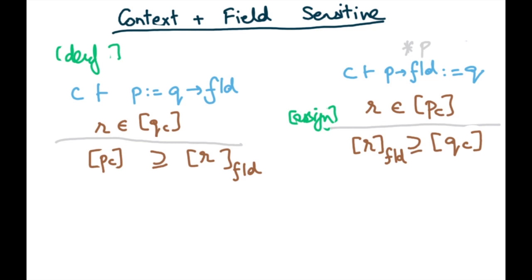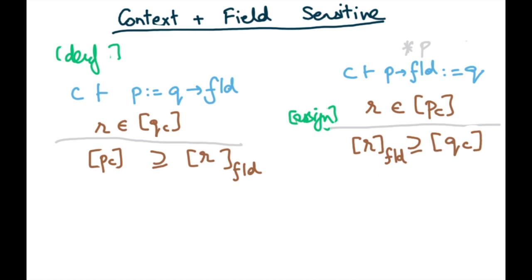So I look at all the outgoing edges of PC, because this is a dereference, I do a star P. Let's say R is one of those pointees, or the destination of the outgoing edge. Then I update R's outgoing edges using Q. All the new edges that I add because of this assignment will be labeled with FLD. If they already existed, then I just add this label to those edges.